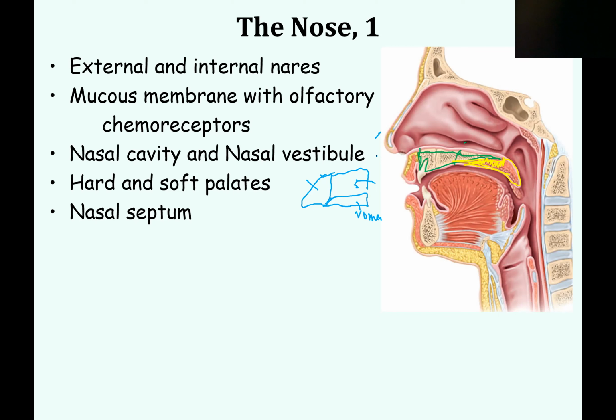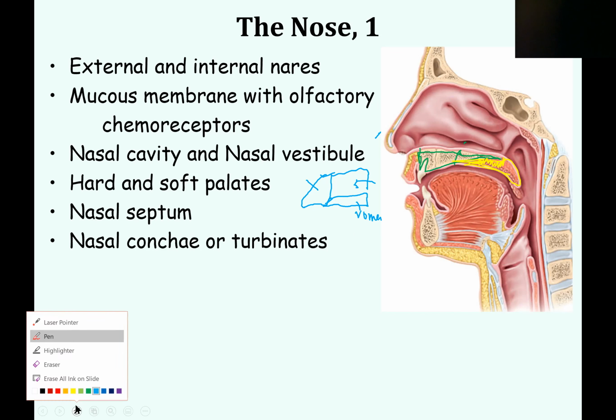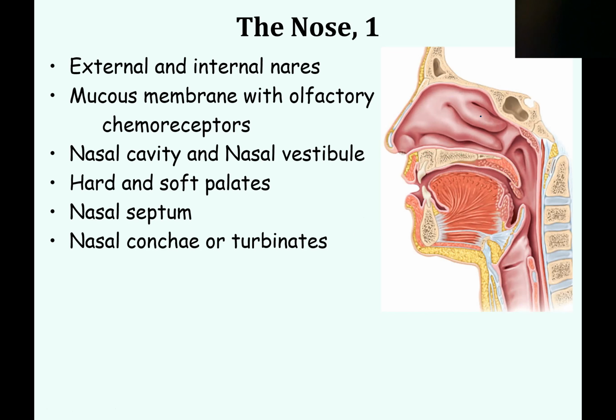Okay, so nasal conchae, which is plural, or nasal turbinates. Now, technically, the conchae are the bony protrusions of the ethmoid bone. There are 3 on each side. The turbinates refer to the soft tissue that is attached to the bony portions. So here you can see the superior, the medial, and the inferior turbinates.